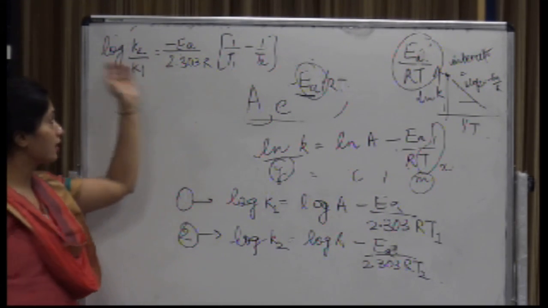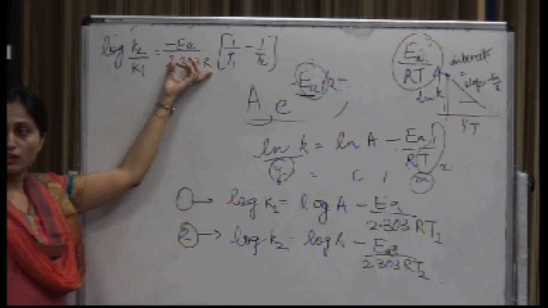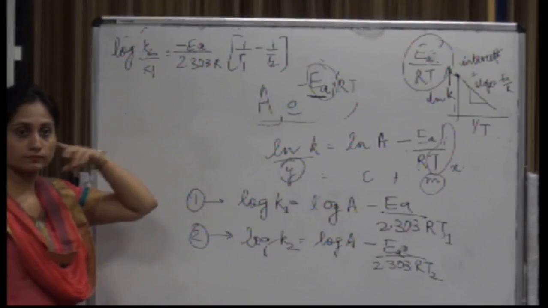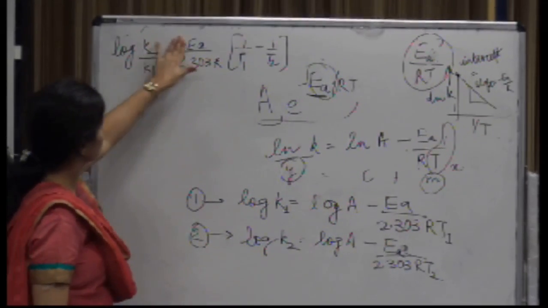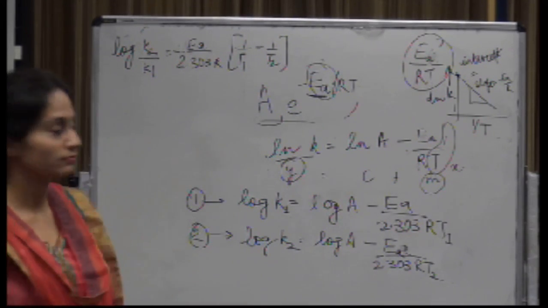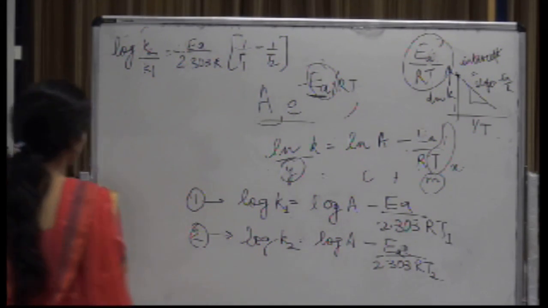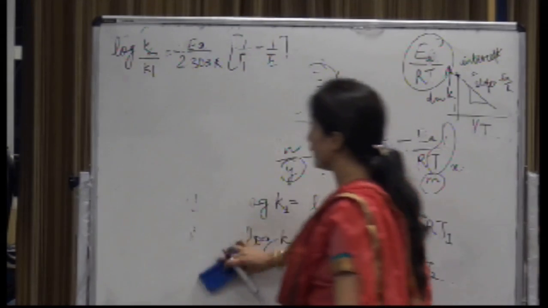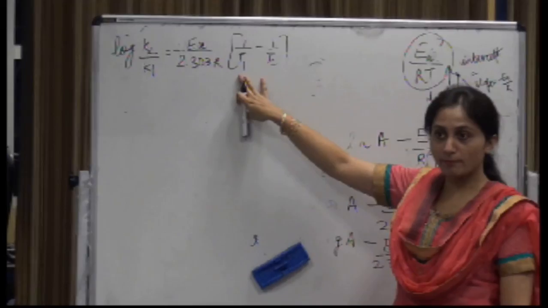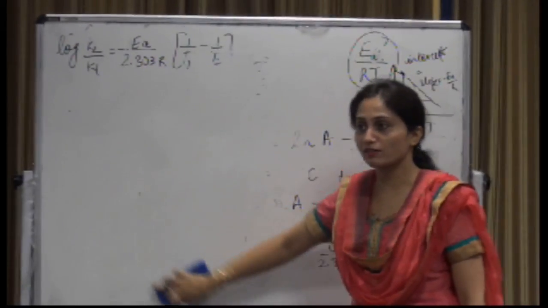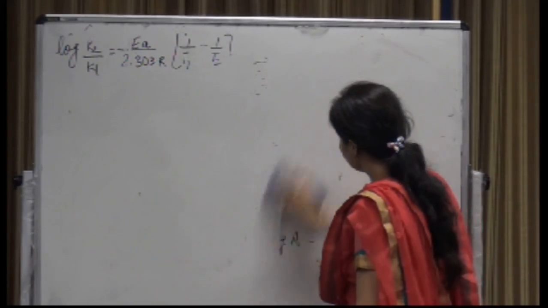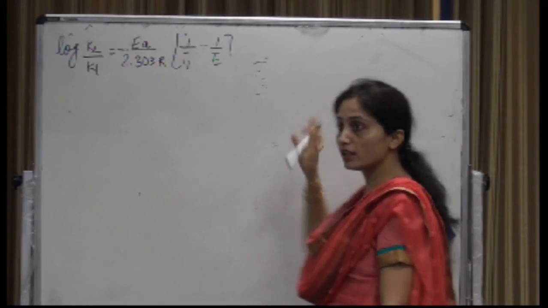And this can be done in terms of ln also. You just have to remove 2.303 if it is in natural log terms. So remember log of K2 by K1 is equal to Ea upon 2.303 R. So now this is ready for you to remember. Learnt?